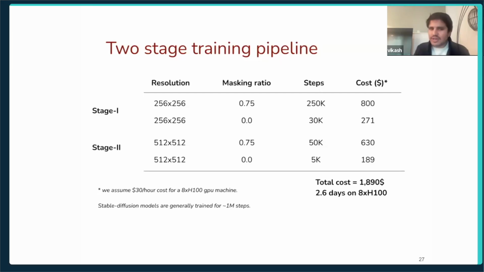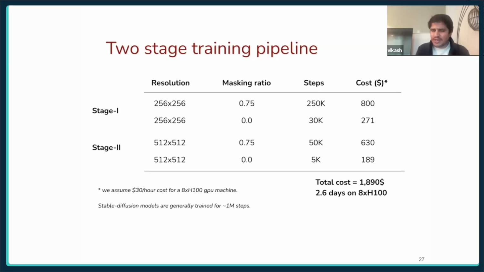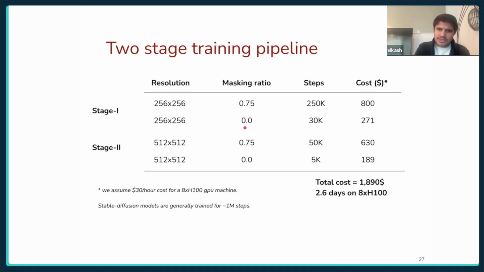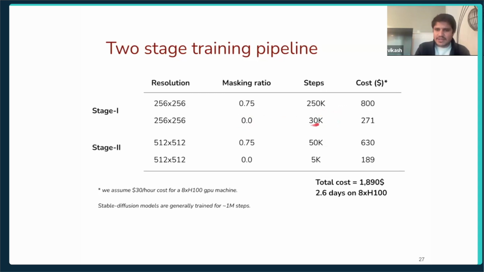So it's still a good idea, even if both qualitatively and quantitatively you don't see any artifacts. There might be unknown failure modes in the model if you only do mask training. So with that principle, we opted to keep a small fine-tuning step with 0% masking ratio.